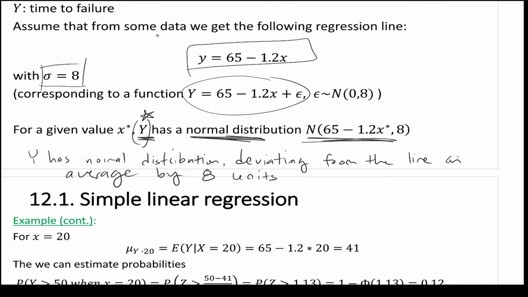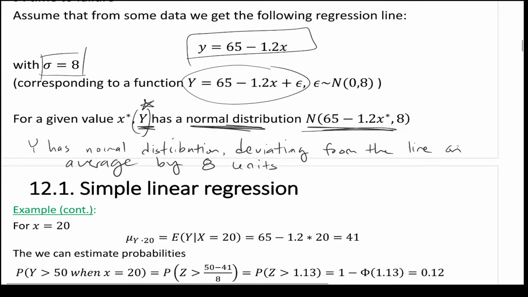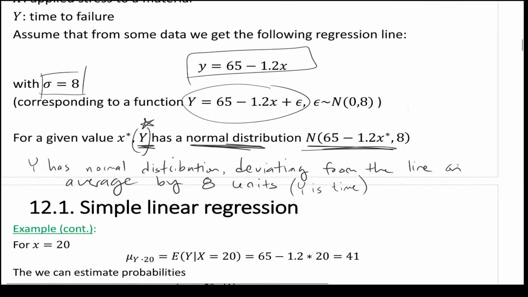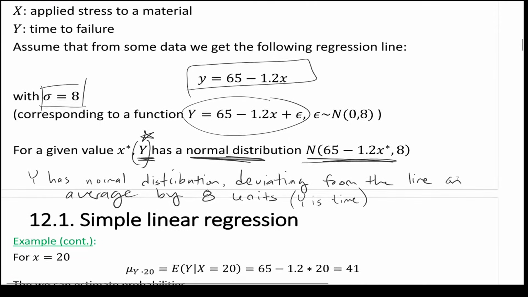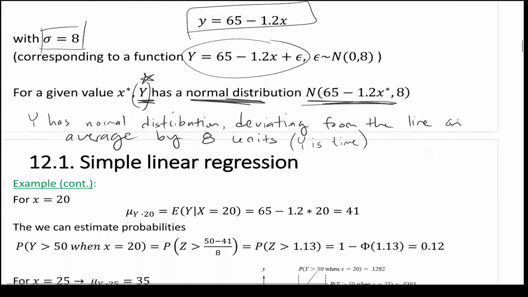And that could be 8 seconds, since our y values are time, maybe seconds or minutes, but 8 units, whatever time is measured in. So here, y is time. So 8 whatever units, seconds, hours, days. Not sure what they're measuring time in here. So probably seconds, that's my guess. Maybe minutes. Hard to say. Depends on what the material is. Okay.